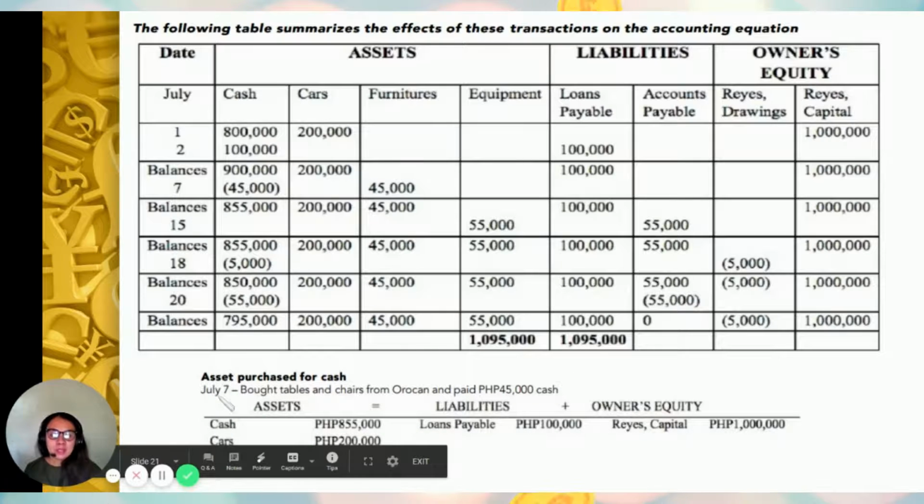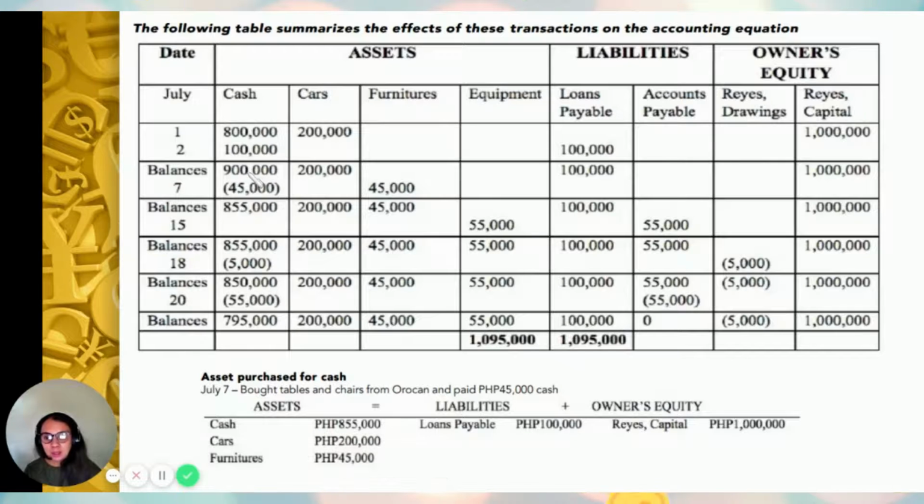Now, for the July 7th transaction, we bought tables and chairs from Orocan and paid 45,000 in cash. So that's 900,000 less 45,000 because we paid in cash. There's a decrease in the cash account, but there's an increase in the furniture account. So the furniture increased by 45,000.